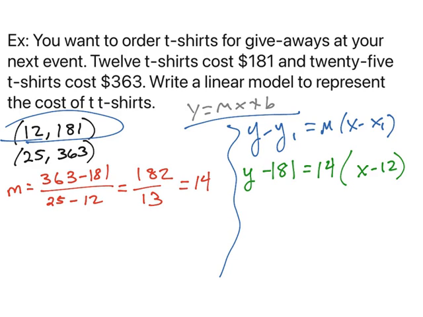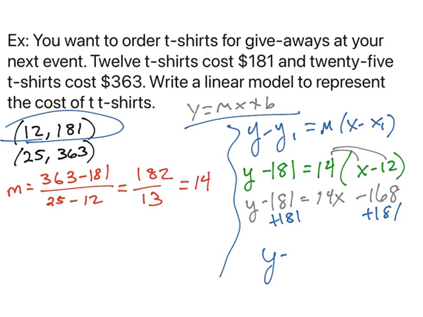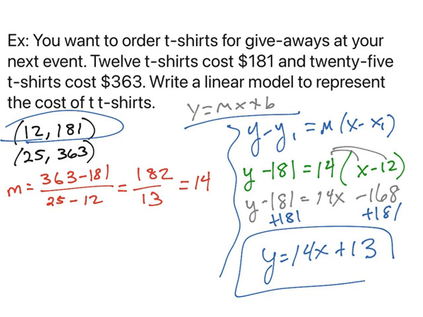Right, and you can use either point. Mathematically, it'll be the same. So let's distribute our 14. So y minus 181 equals 14x minus 168. I'm going to add 181 to both sides, and I get y equals 14x plus 13. So this means I'm paying $14 per t-shirt with an initial cost of $13.